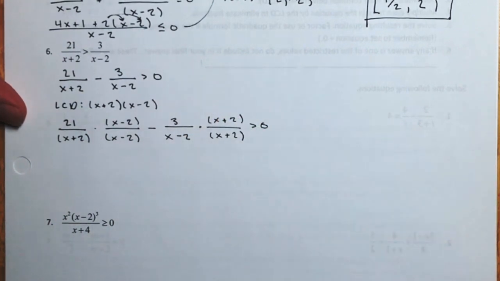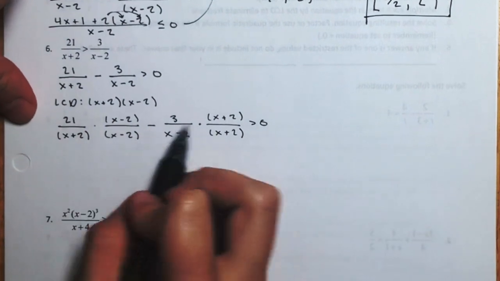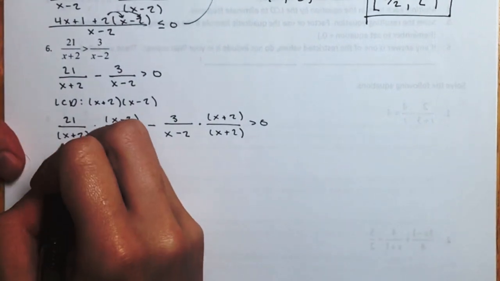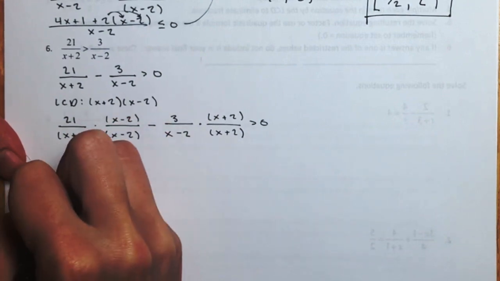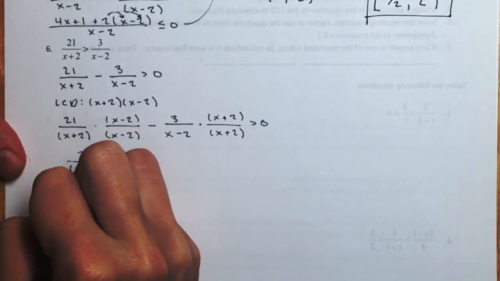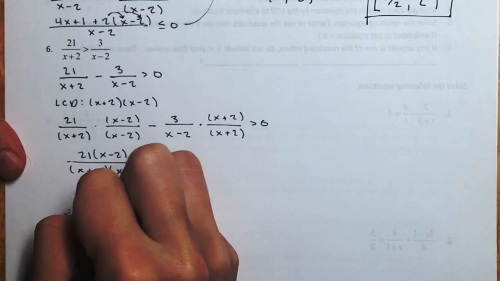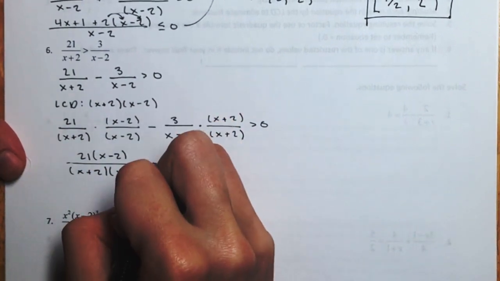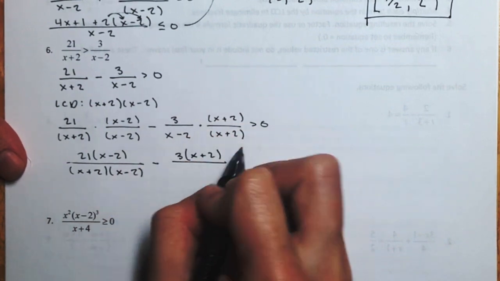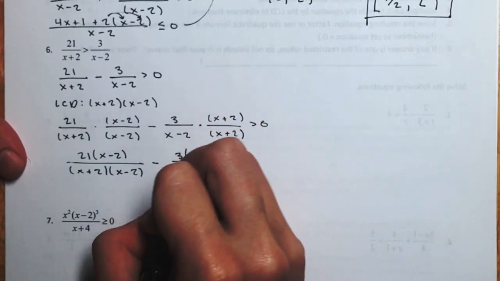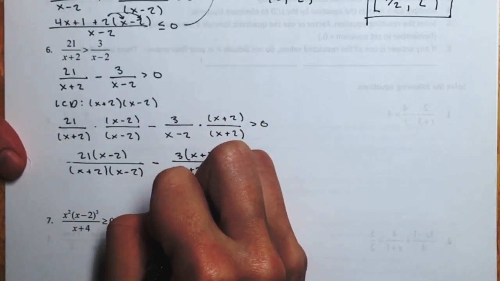We're still looking for where it's greater than 0. We do this multiplication. We get 21 times (x minus 2) over (x plus 2)(x minus 2), and then subtract 3 times (x plus 2) over (x plus 2)(x minus 2).